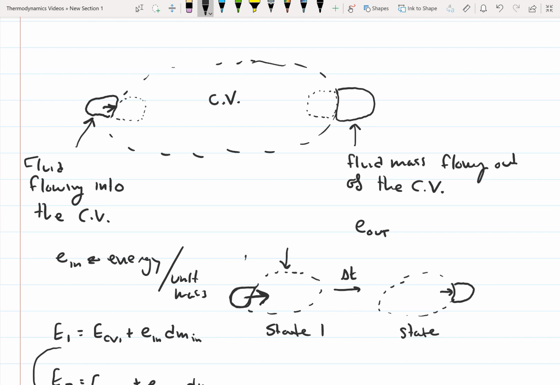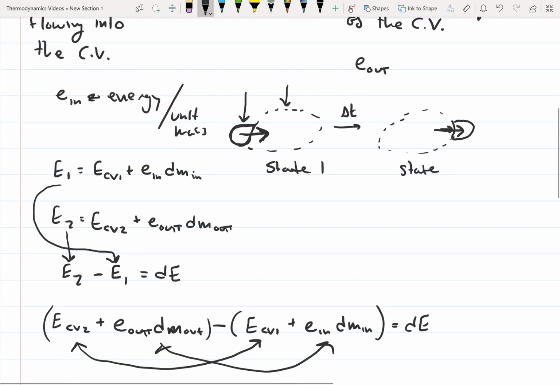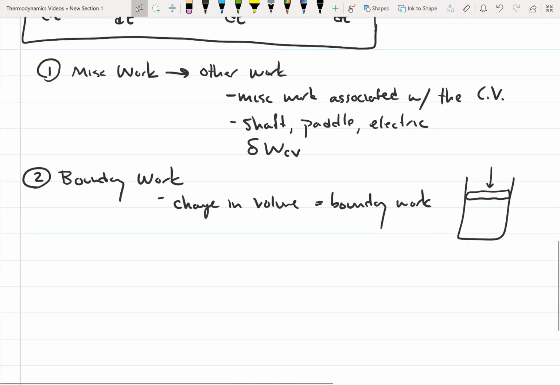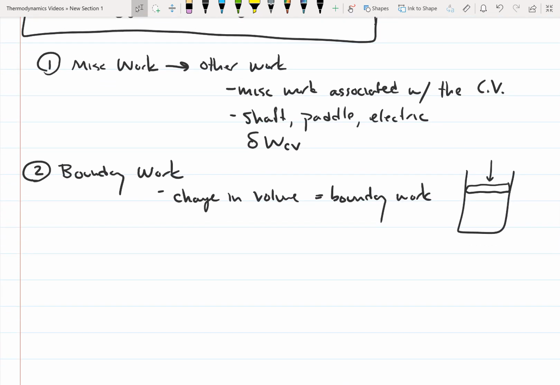One way to look at this boundary work is that it requires work to push this volume of fluid into the control volume, and it requires work to push this volume of fluid out of the control volume. So there's work associated with the fluid being pushed into and out of the control volume, and this is the boundary work.